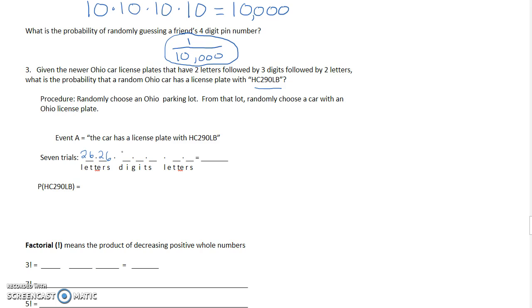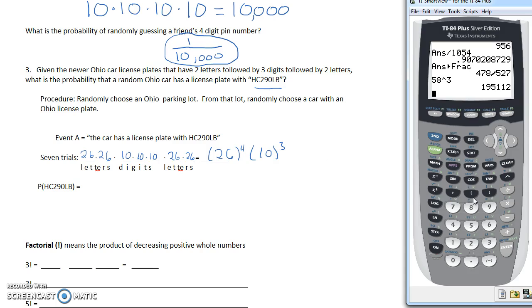Now the next 3 are going to be digits. So it's 10 times 10 times 10. And then finally, we have 26 and 26 for the last 2. If we look at this in terms of exponents, how many 26s are there? This should be 26 to the 4th power times 10 to the 3rd power. So let's do that. It's going to be 26 raised to the 4th power times, I'll use parentheses, it's not necessary, 10 raised to the 3rd power.